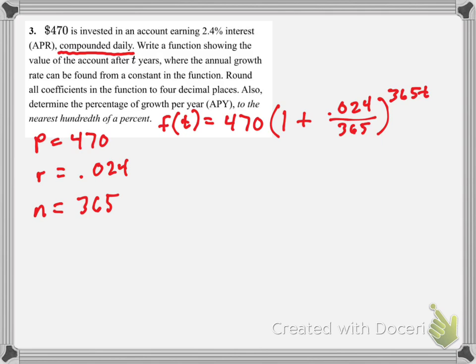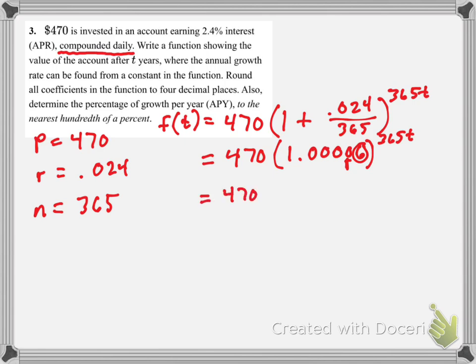Oh my. That's crazy. All right, well, so it's 470 times 1 point... Now we have to round this. So it's 1.00006 to the 365t. Well, here's my fourth decimal place, so 6 bumps that up to 1.